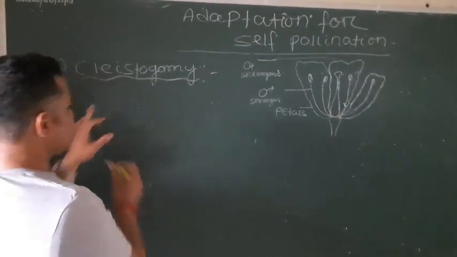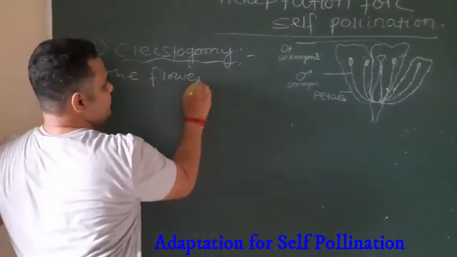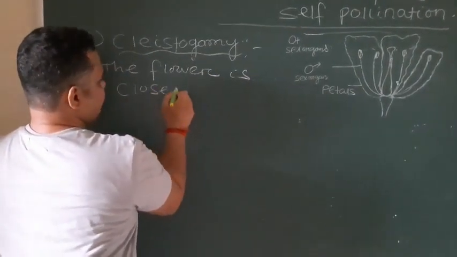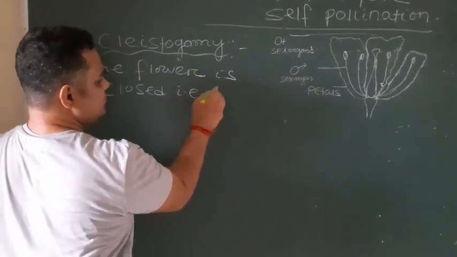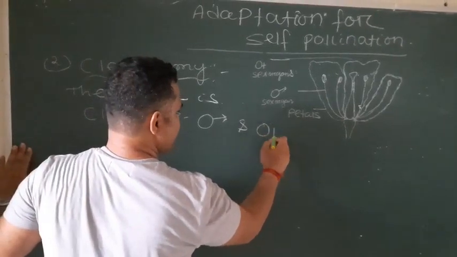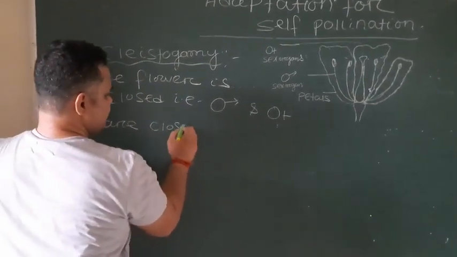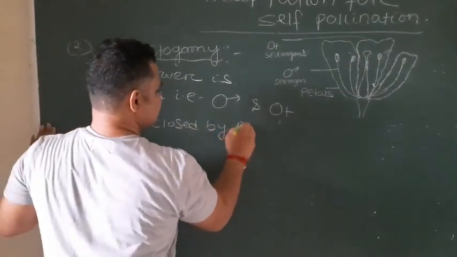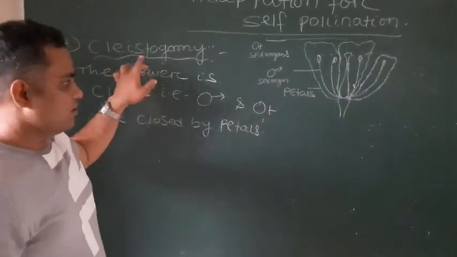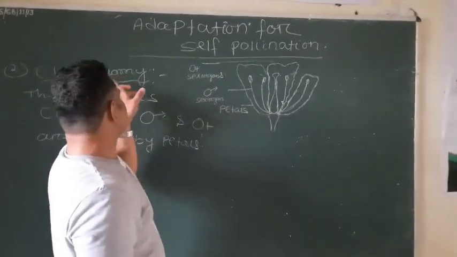You can see cleistogamy means the flower is enclosed. The flower is closed. That means the male sex organ and the female sex organ are both closed by petals. Then it is called cleistogamy. Here you can see the structure of a hibiscus, an example of cleistogamy.